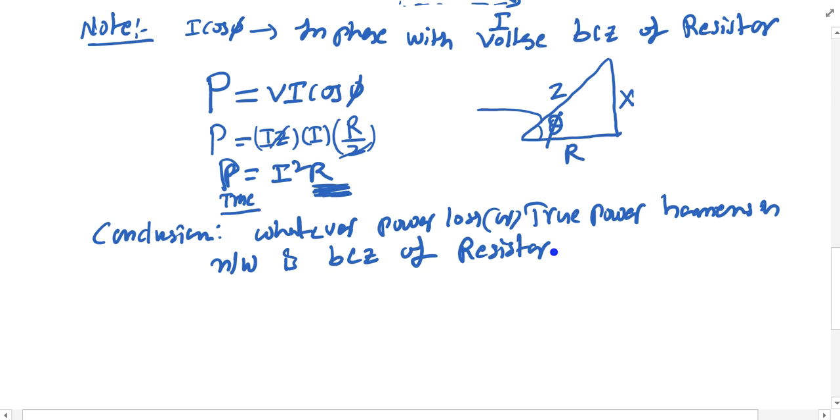That is the meaning of this true power or active power.